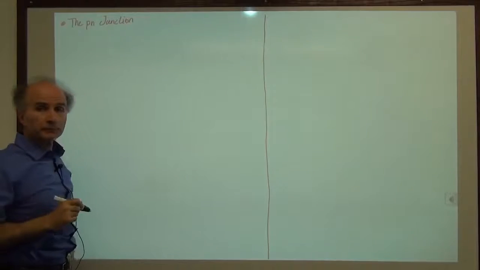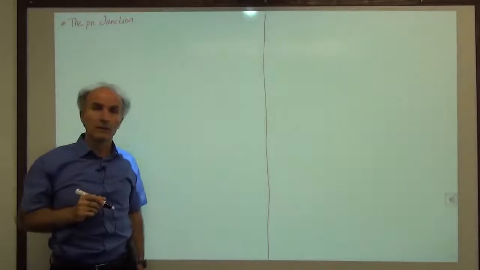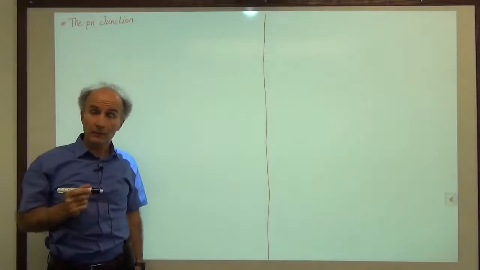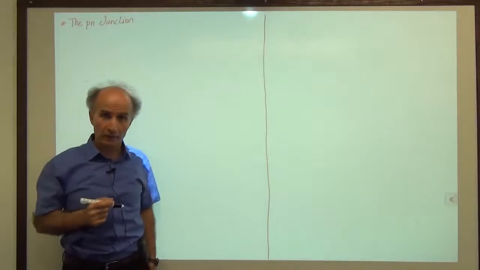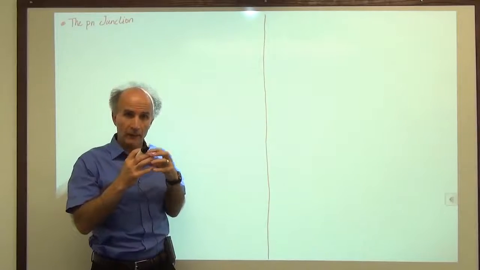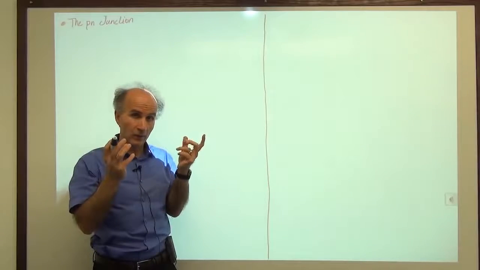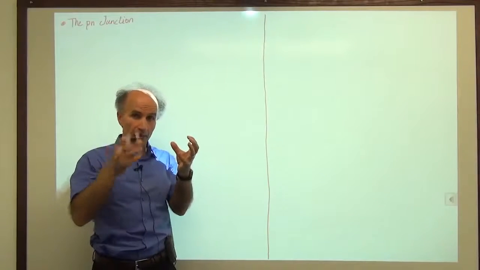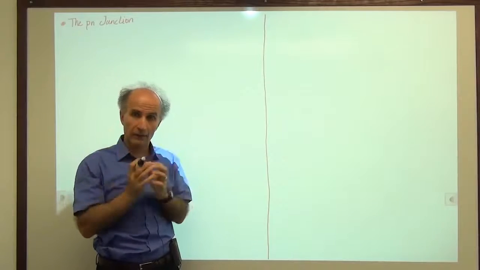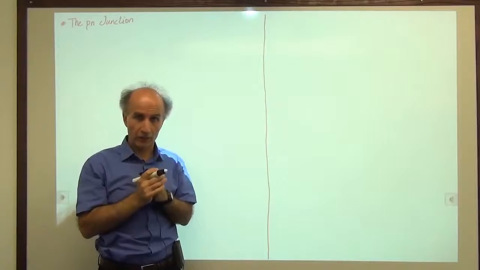As the name implies, there's a junction, meaning that two things are connected. And because we say PN junction, maybe we took some P, we took some N, and we made a junction. We put them together. And that's what we call a PN junction.